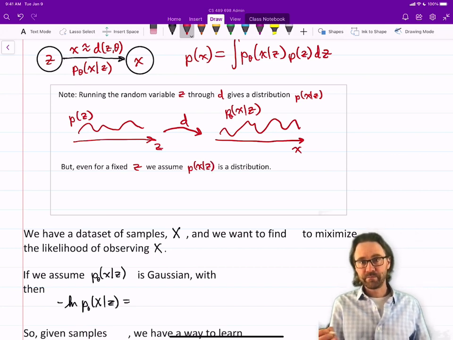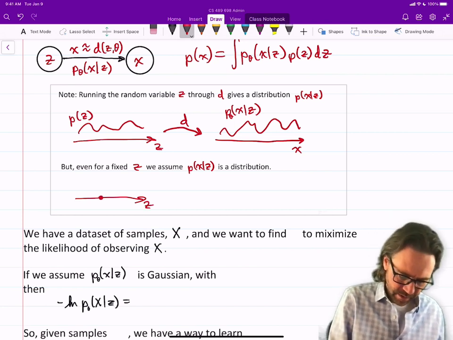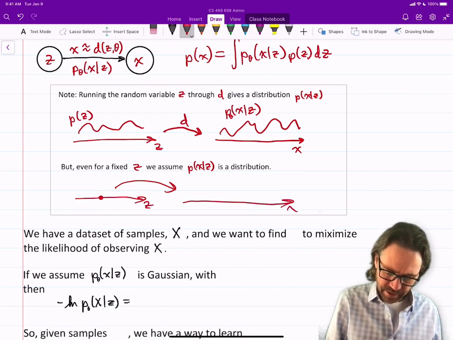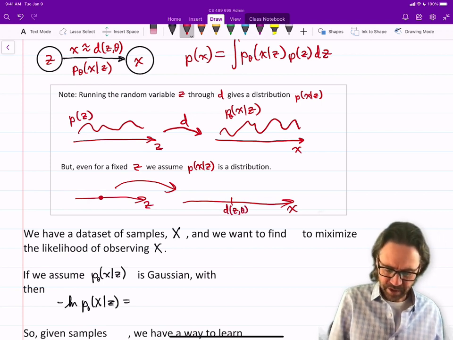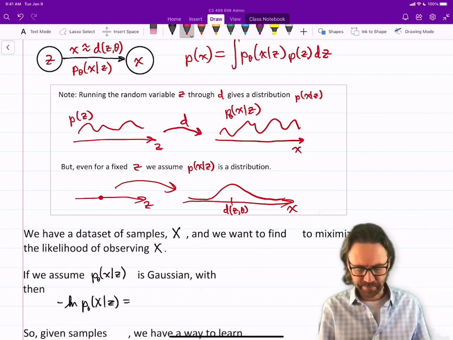is a distribution. Okay, so here's our Z-axis again. We're going to fix a particular Z and then generate a distribution from that. So this will be D of Z parameterized by theta. And here I'm drawing it kind of like a Gaussian function.